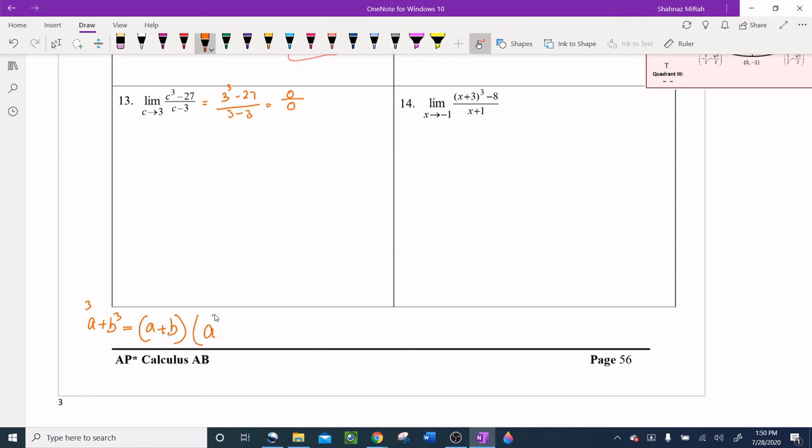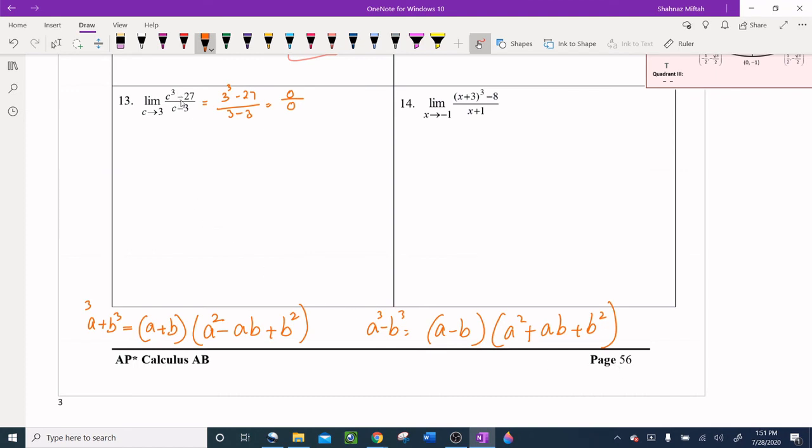Next, I have a squared, and the sign now is going to be subtract ab, opposite, plus b squared. Next one is a cubed minus b cubed. Again, a minus b stays the same, and the sign stays exactly the same. The next one is going to be opposite: if this is negative, then that's positive. So a squared plus ab plus b squared. Just remember this.